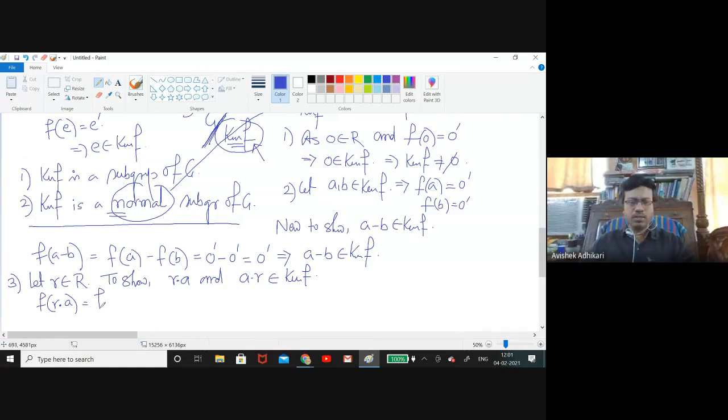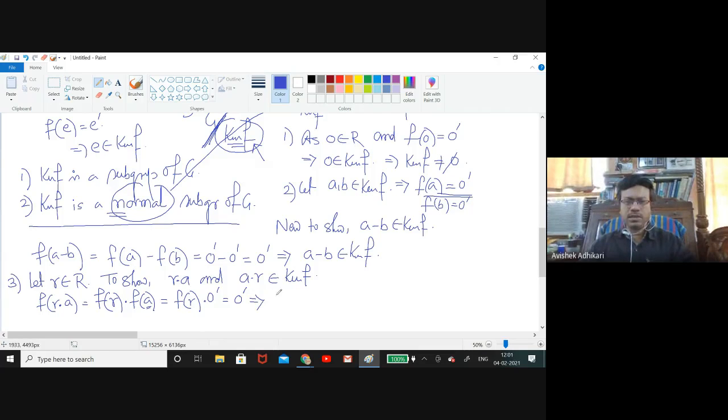By the definition of homomorphism, you can write it as F of r times F of a. Keep F of r fixed, and since a belongs to ker F, F of a is 0 dashed, so this becomes 0 dashed.